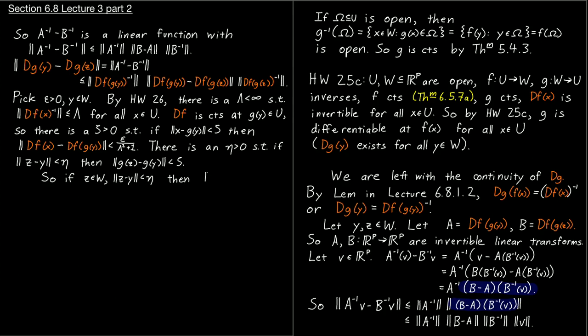So that means df of g of z minus df of g of y, that thing is less than epsilon over lambda squared plus 1. So we have that.